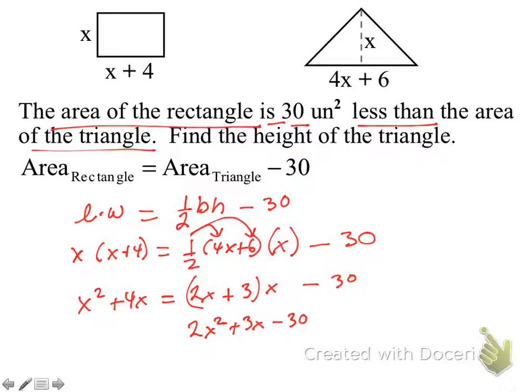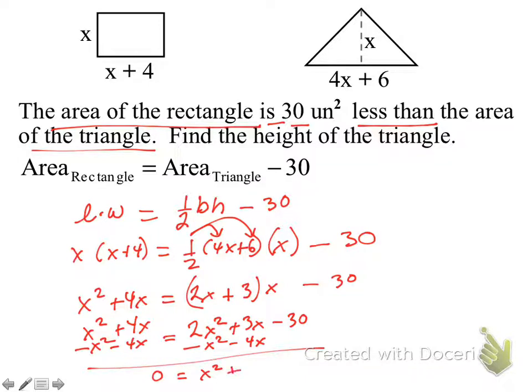I'm going to subtract from both sides, minus 4x and minus x squared. And we end up with 0 equals x squared minus x minus 30.